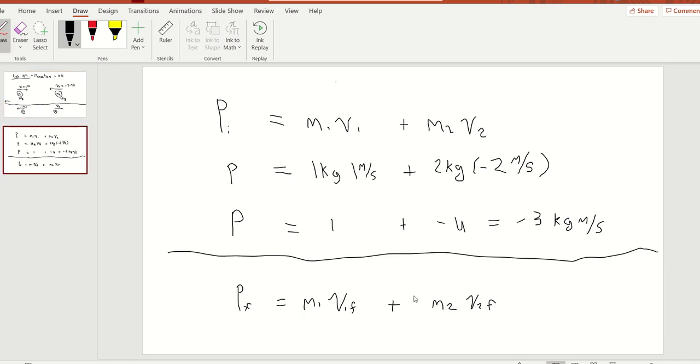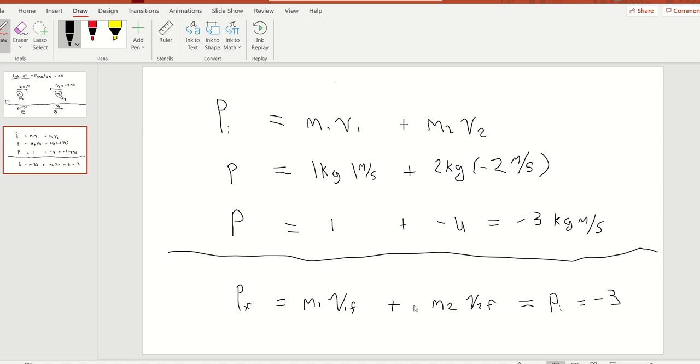But this rule of conservation of momentum says that this must be equal to the initial momentum, equal to minus 3. So it basically gives you a condition constraining what's going to happen.